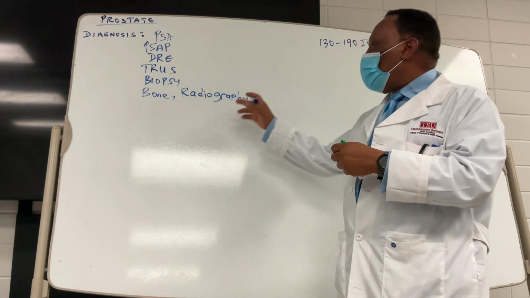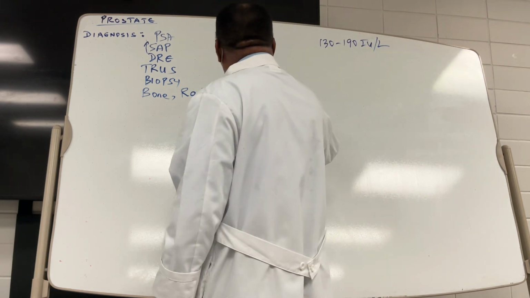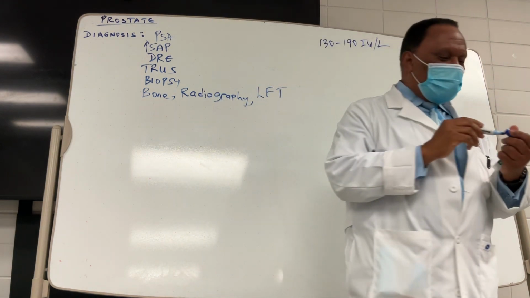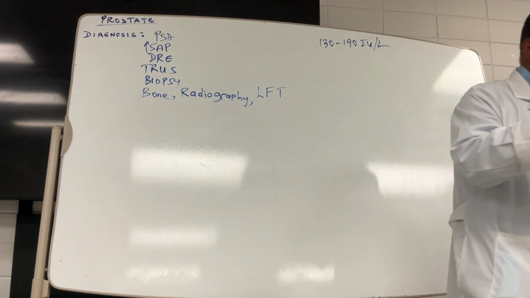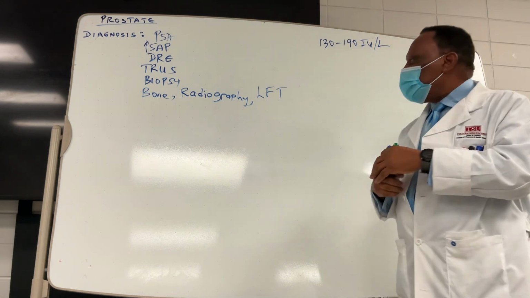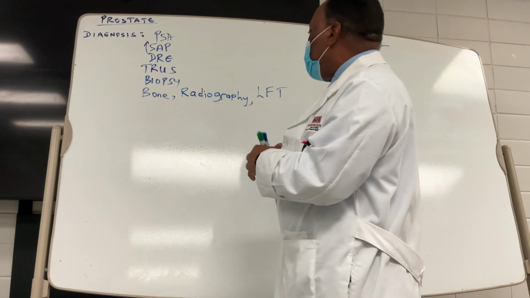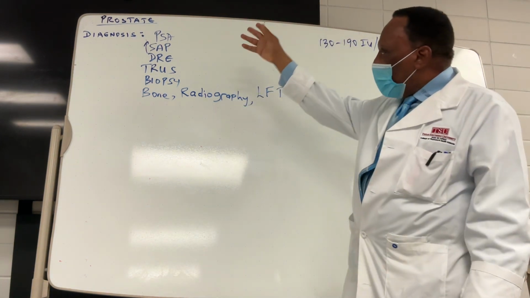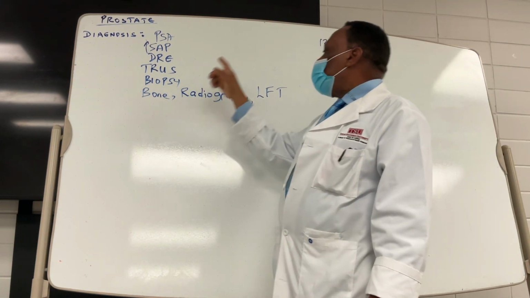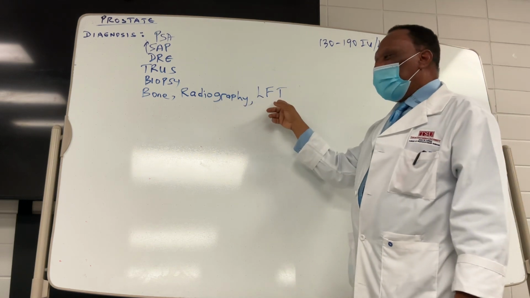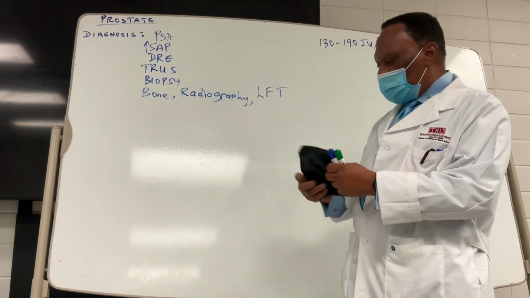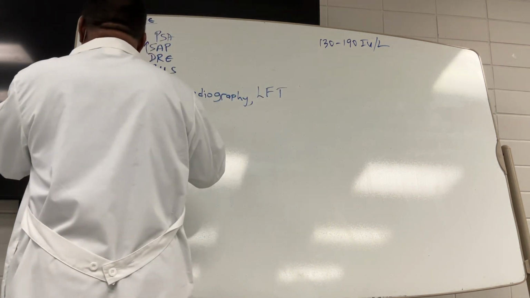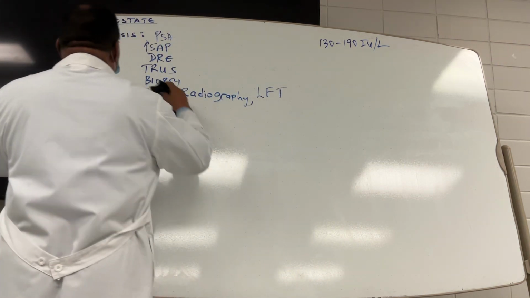Okay, and then you can do a liver function test, which will detect metastasis to the liver. Okay, because we said prostate can spread to the bones, the lungs, and the liver. So that's why you do all of those to confirm the metastasis of that cancer.